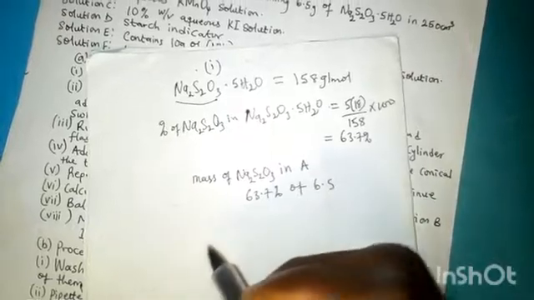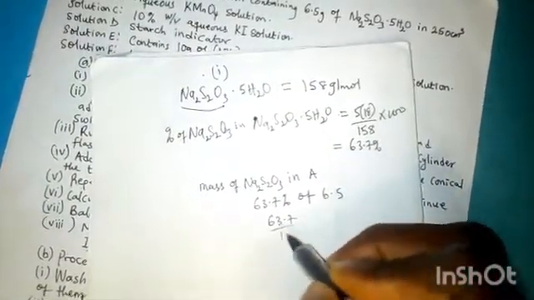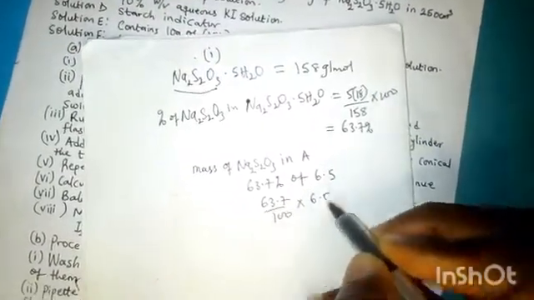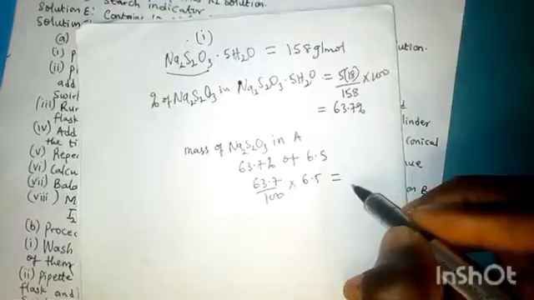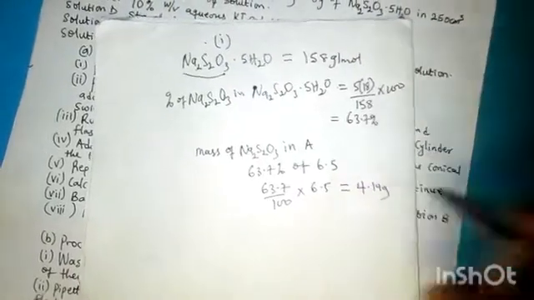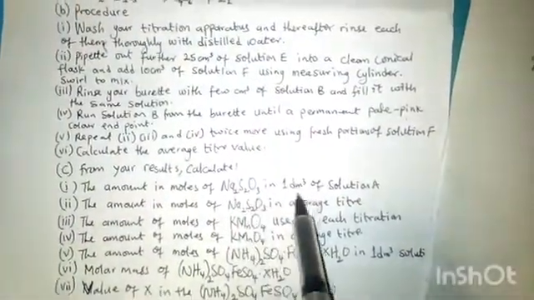So 63.7 over 100 times 6.5, and that gives me 4.14 gram per dm cube. This is the mass of the anhydrous in 1 dm cube.